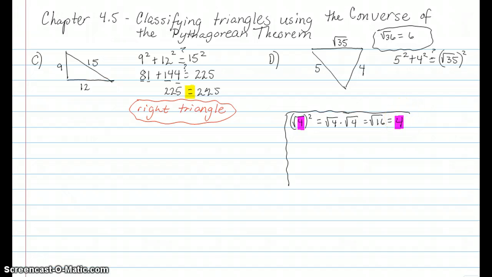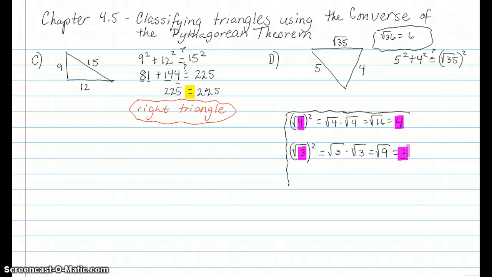Likewise, if I had the square root of 3 squared, we're doing nice easy numbers so you can see the pattern. That would be the square root of 3 times the square root of 3, which equals the square root of 9. Square root of 9 is 3. And so what I'm hoping you will see is that this and this match.